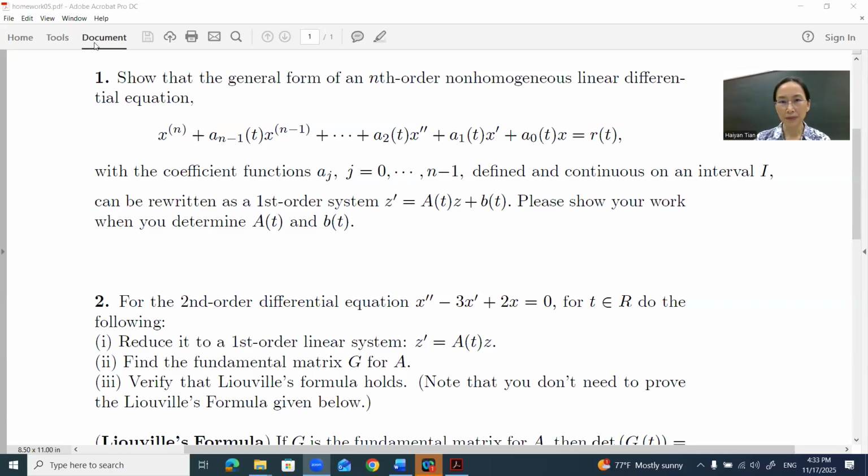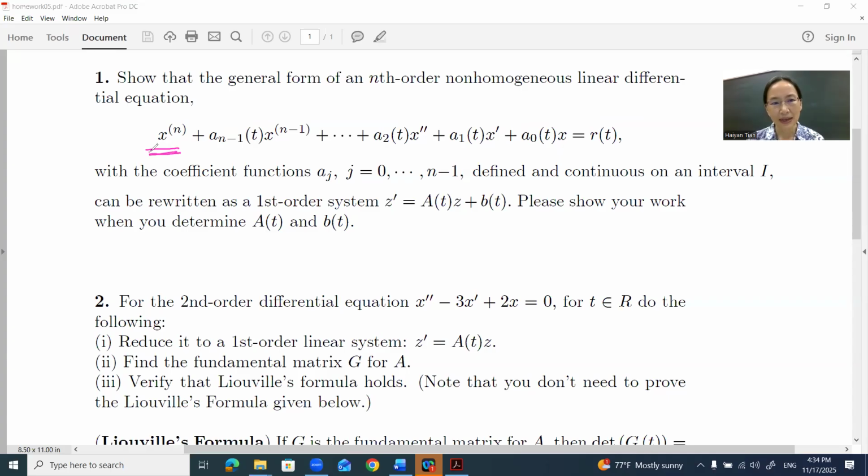So now you see two problems. The first problem, you're given an nth order differential equation, right? This is an nth order, and n can be 3, can be 5, for example.